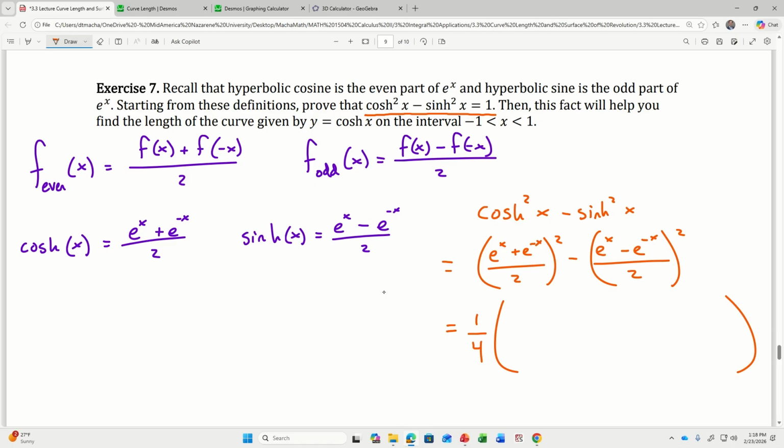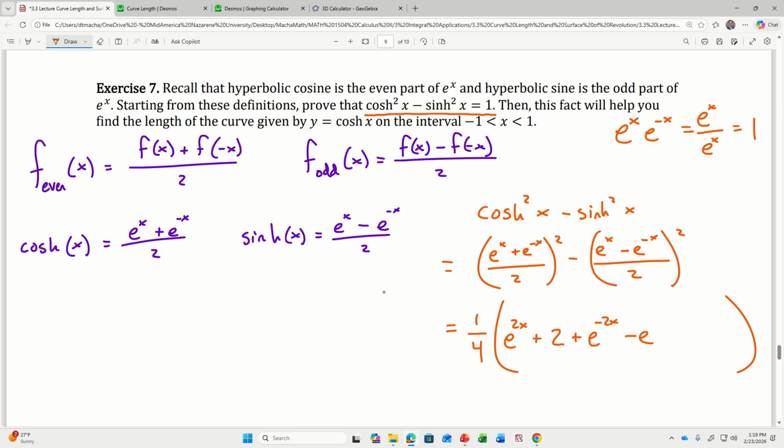Then I have to FOIL this stuff: first, outer, inner, last. I get e to the 2x plus, what is e to the x times e to the negative x? It's 1. I get 2 of those terms, and then e to the negative x times e to the negative x is e to the negative 2x.